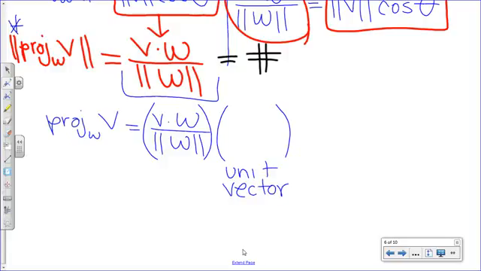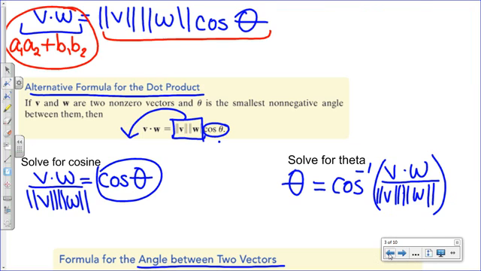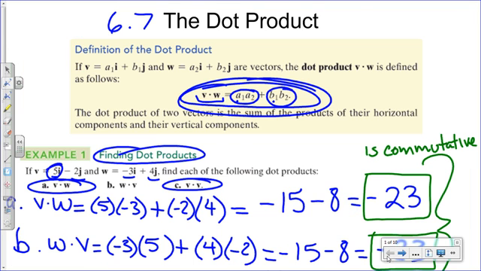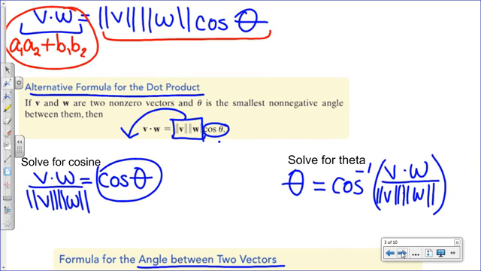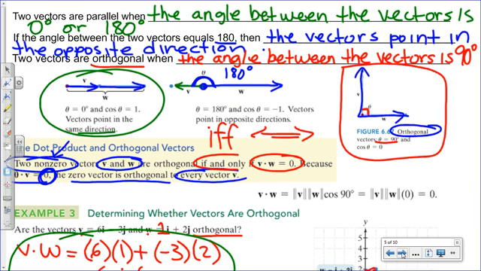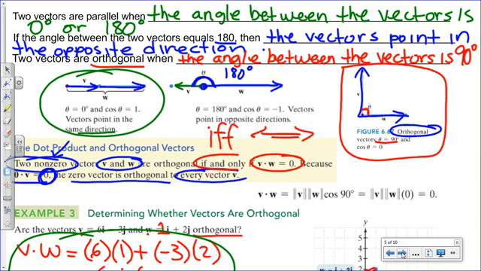And so the unit vector, I'll refresh your mind a little bit. We discussed that there, not there. You can't find it.